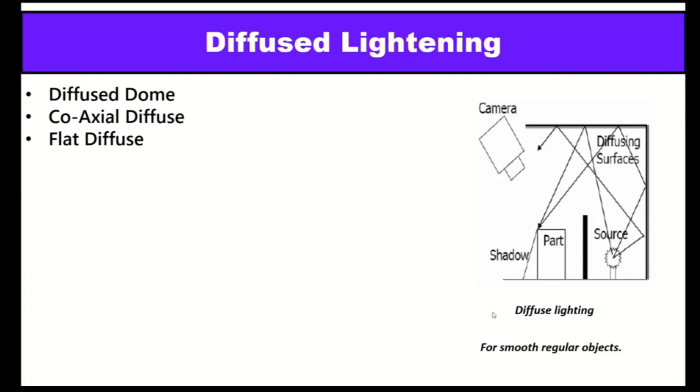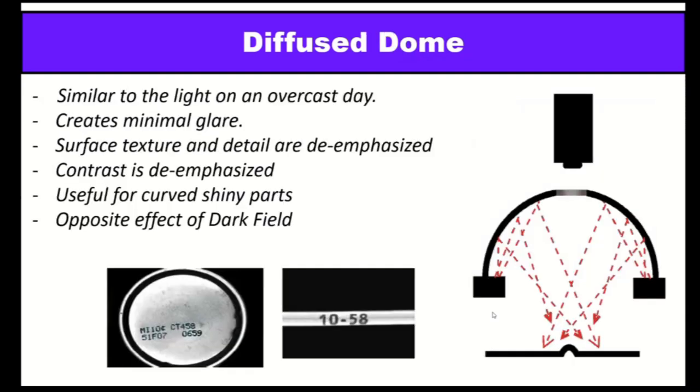So light is not directly falling, it is coming through diffusion, through reflectors or through some other light materials which are surrounded in the light sources. Direct light falling will have problems in smooth objects. They can give scattering. To avoid this scattering, you can have diffuse lighting sources.